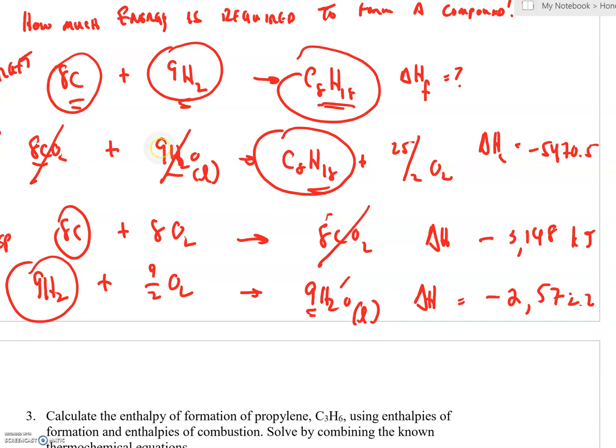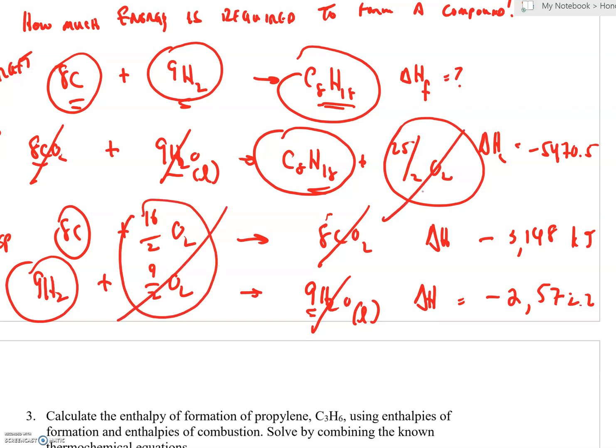This 9H2O is canceled out by this one. And 25 halves of an oxygen, do they get canceled out? Well, if you rewrite 8O2 as 16 halves, then that's 25 halves, and those cancel out. That means that our step equations are equal to our target equation.